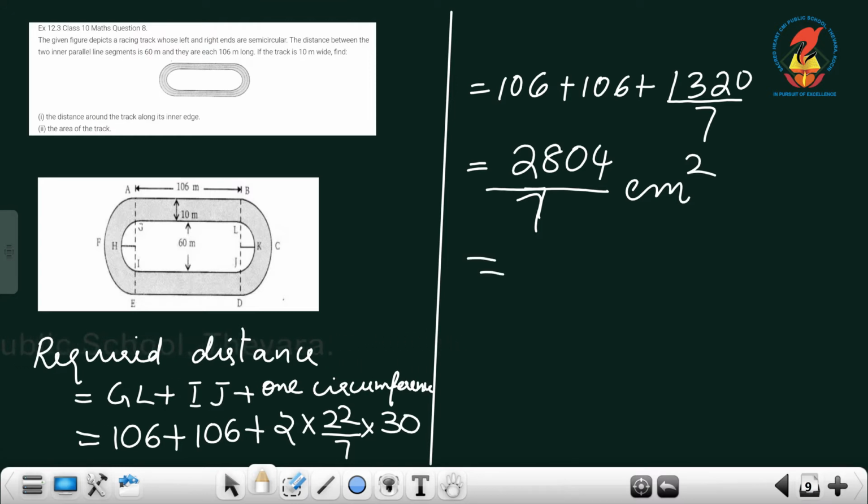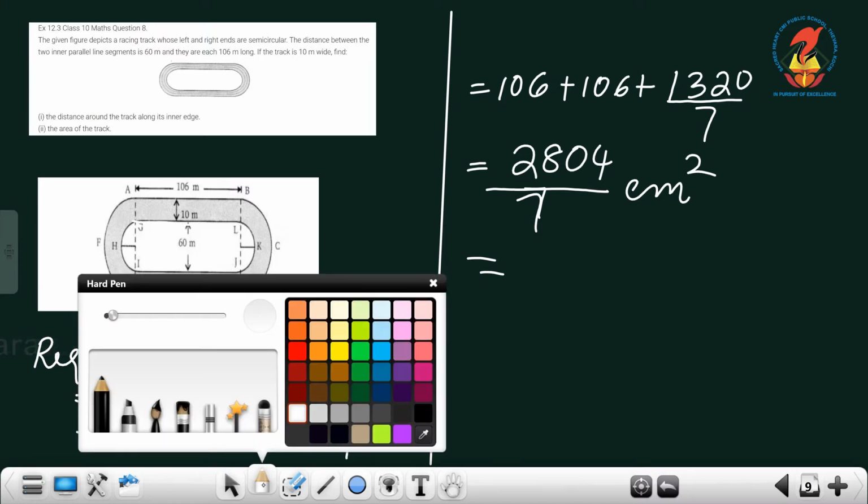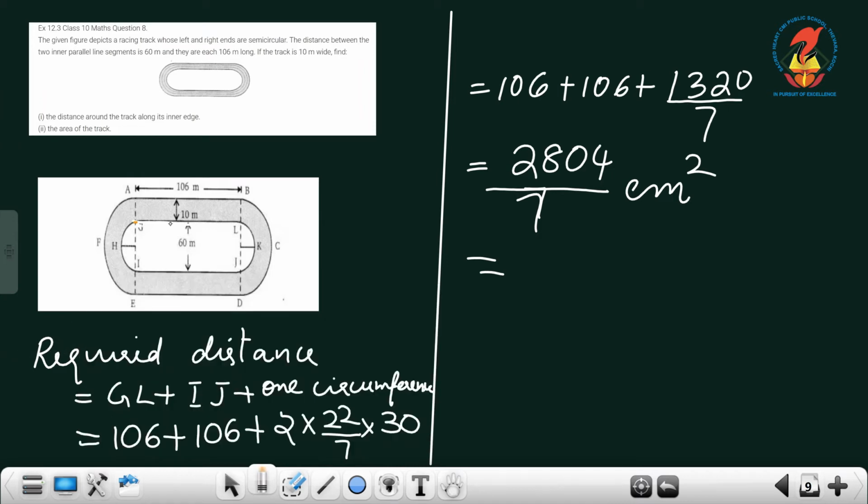So, the required distance is equal to the two straight parts plus these two semicircles. The total is 2804 divided by 7 centimeters, and we have to find the decimal form of this.